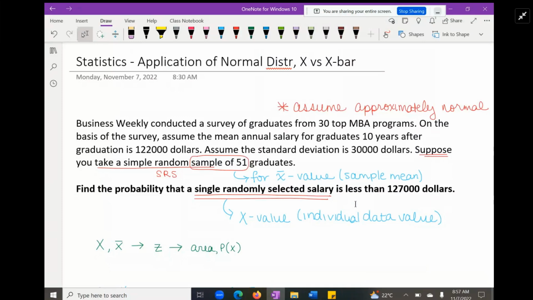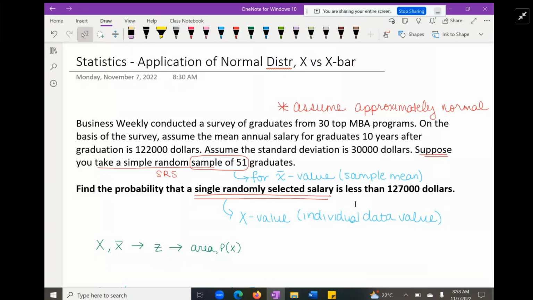Just some pointers real quick. The first thing is we have to apply an assumption because they don't even say it, but it's implied. We need to assume that this is approximately normal. Again, they don't give us much evidence.